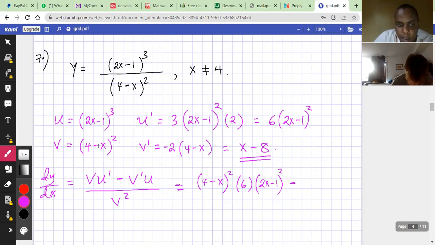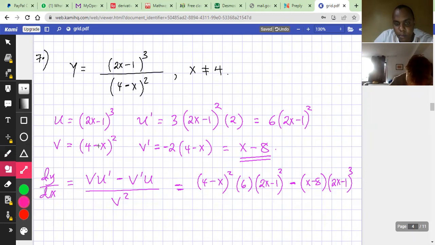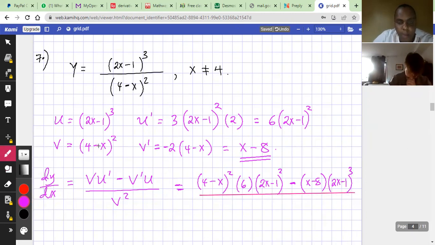Then minus v prime, which is simply x minus 8, and u is (2x minus 1) cubed. And then everything is divided by (4 minus x) to the power of 4, right? Yes.